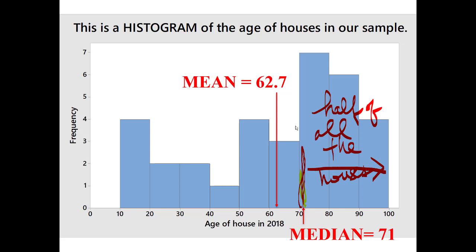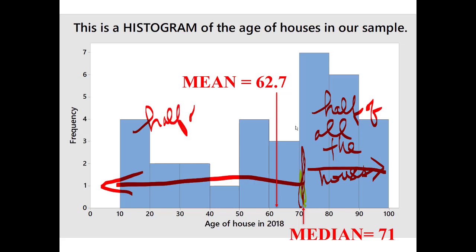So half of all our observations are 71 years old or older. Over here is the other half of the houses, which are under 71 years of age.